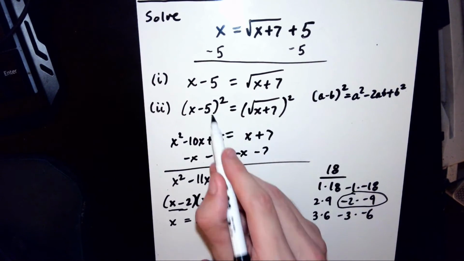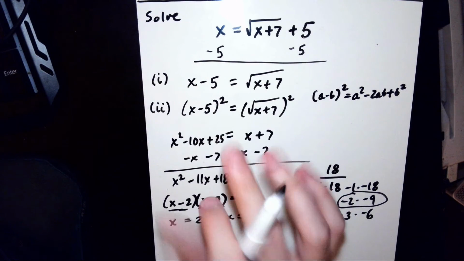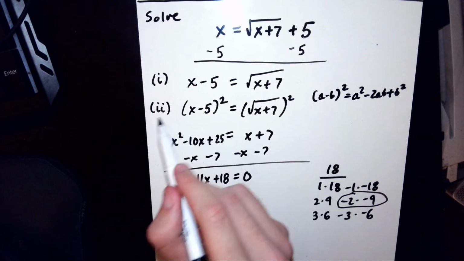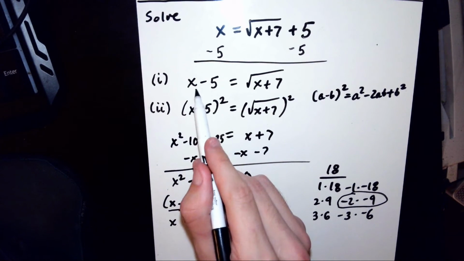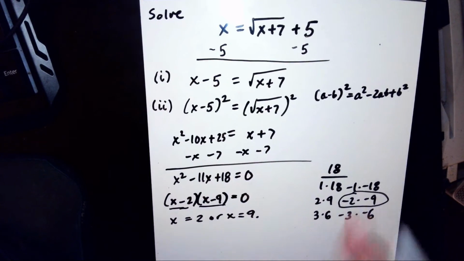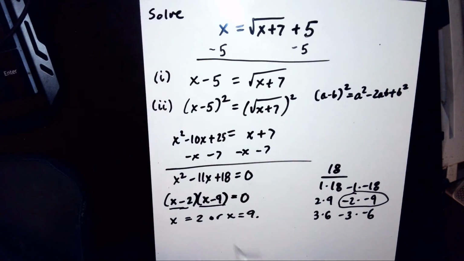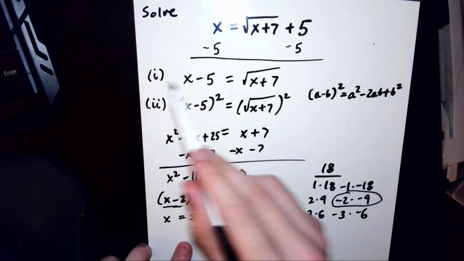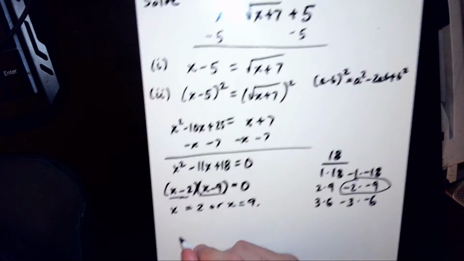Note that just because you get a solution in equation 2, it doesn't mean it's necessarily a solution of the original equation, equation 1. Basically, we squared in this step, and that gives us these solutions, but they might not necessarily be solutions to equation 1. So we need to check that they in fact are. Let's go ahead and check them.